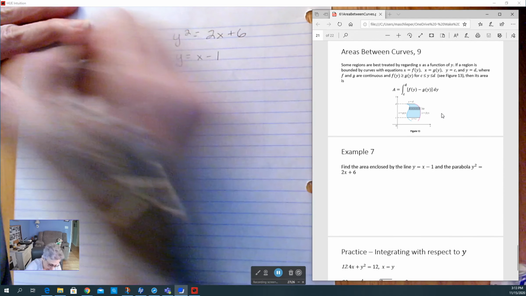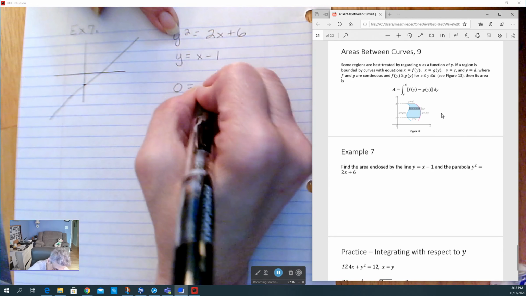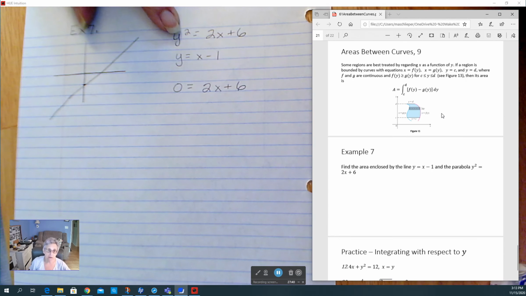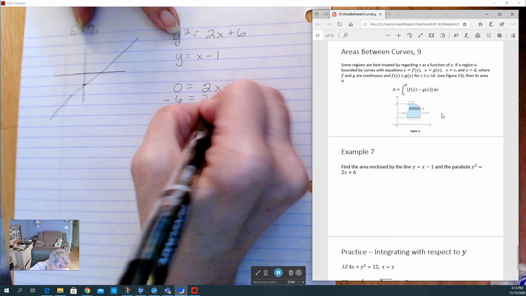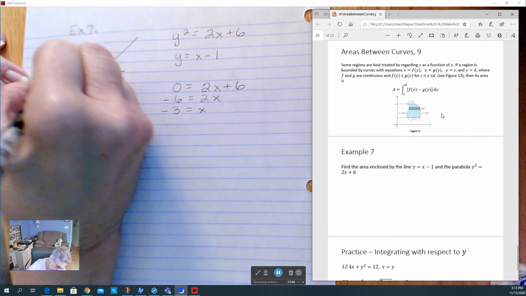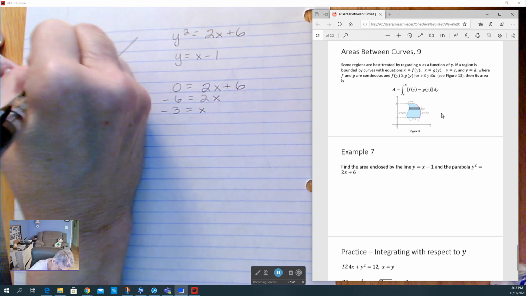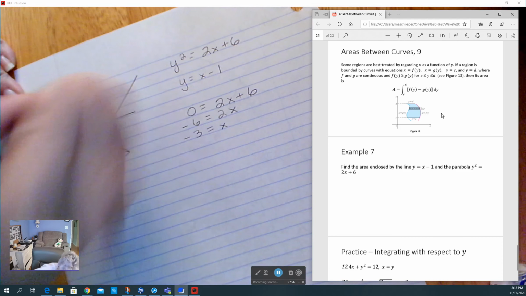And if y is equal to 0, then 2x plus 6 must be equal to 0, so -3 is equal to x.